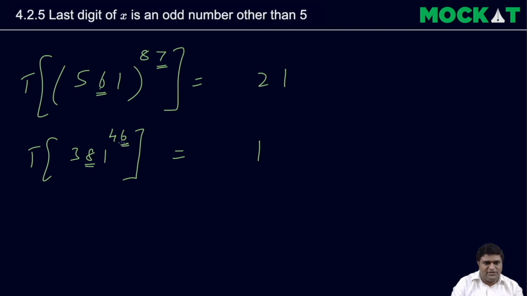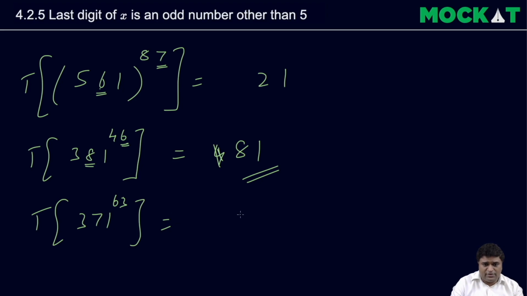So 8 into 6 is 48. I don't need to write 48, it's just 8 I'm going to write, because I just need to fill my tens place up over here. So let's take up one more over here. Let's say 371 to the power of 63. So what's that going to be?